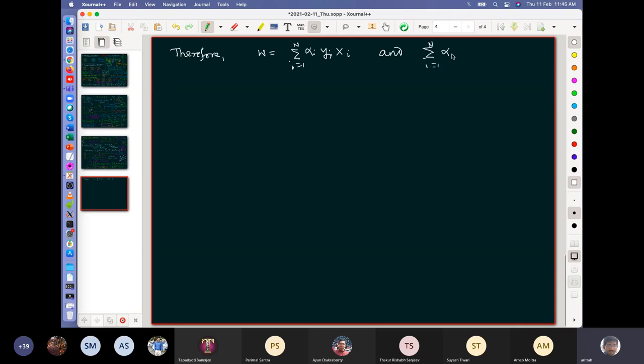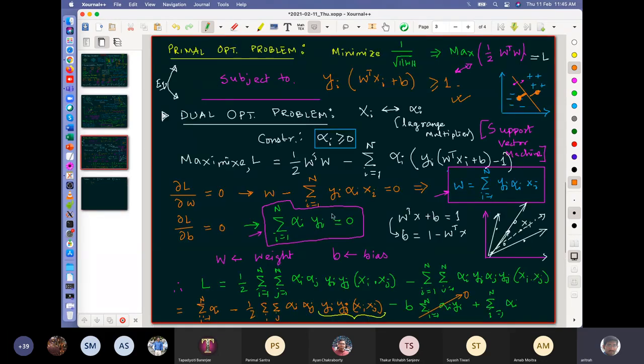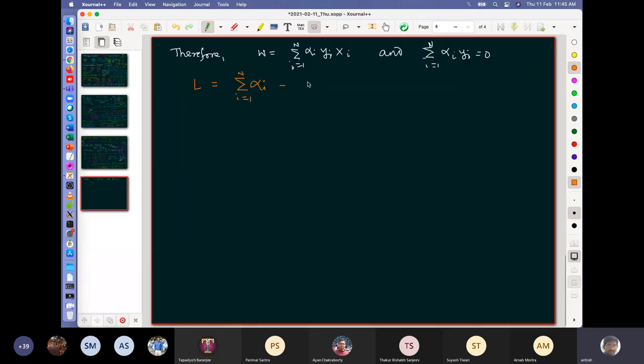When I minimize del L by del b, I got this one. Finally, I got this one, which is summation alpha i, i equal to 1 to n, minus. This is simple algebra. See, I just did two derivations. I put this value in this particular L. Nothing else. It's simple algebra. It looks very hairy, but it's simple algebra that we did.